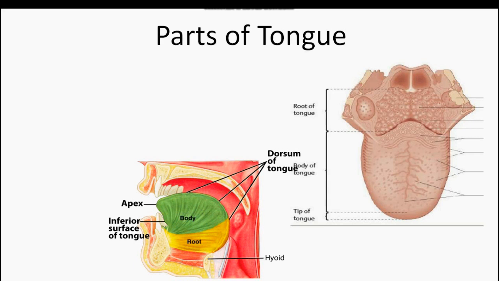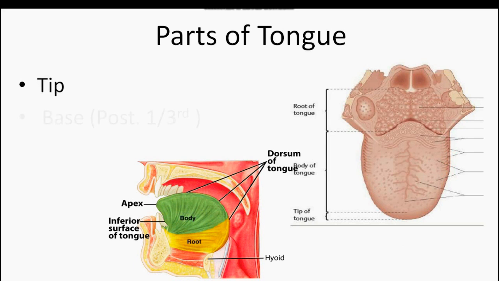So let's see the parts again. This is the tip. This is the inferior surface. Here this is the base, which is directed to this oropharynx, and this is the lateral surface, left lateral and right lateral.